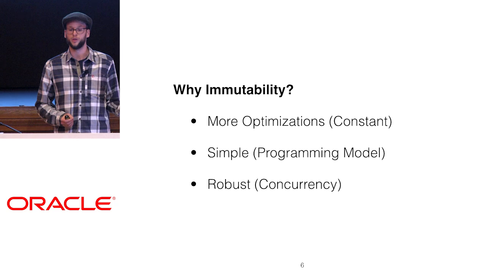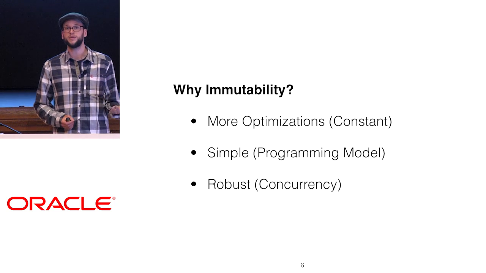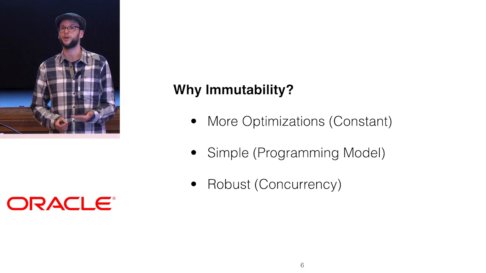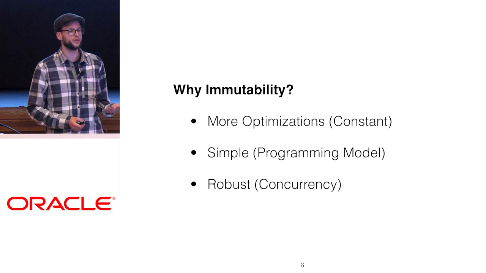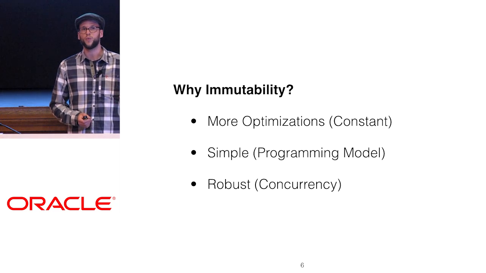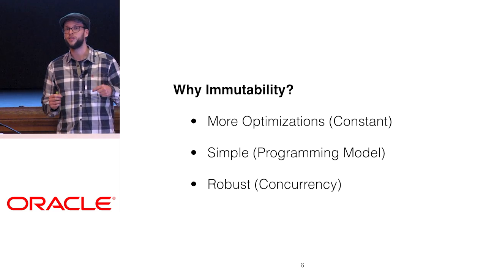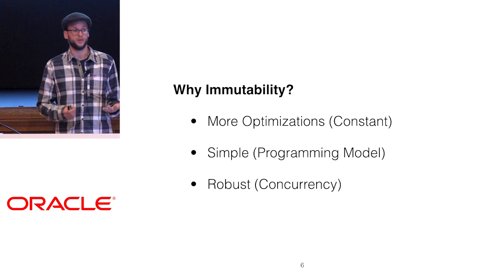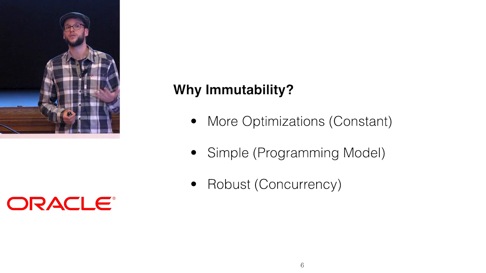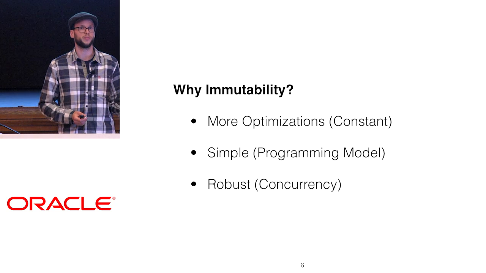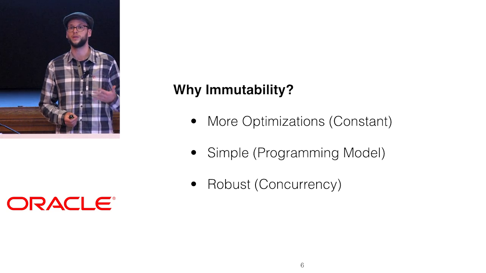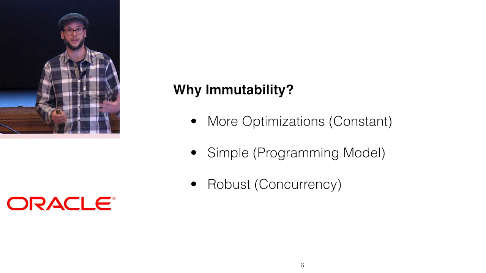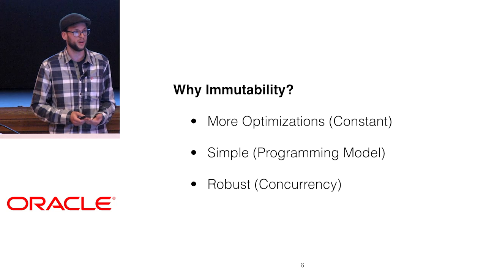Well, now that you know what collections are and what kind of collections I'm talking about, why would you want them immutable? There are plenty of reasons why you would care about immutability. Just a few to mention: from a virtual machine's perspective, once you have immutable data, that unlocks a whole range of new optimizations, because you have stronger guarantees about your heap graph and what changes and what doesn't change.